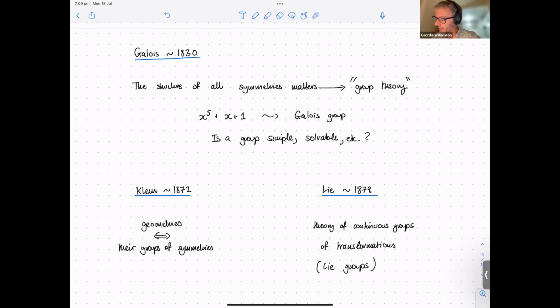It's interesting that Klein and Lie were actually very good friends, and they were very inspired by Galois theory. And they apparently would meet every day and discuss mathematics. And it was only after they separated, so Lie went back to Norway and Klein went to Erlangen, that they developed two beautiful theories of mathematics that were somehow related.